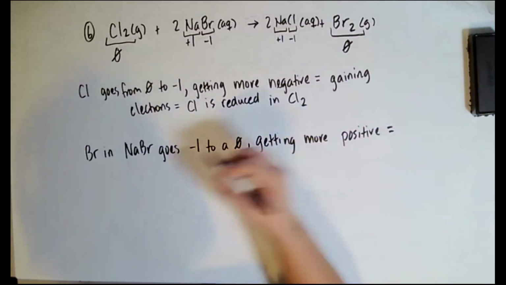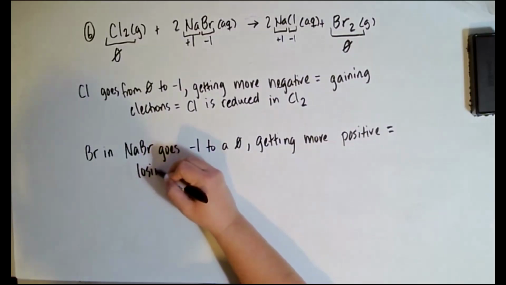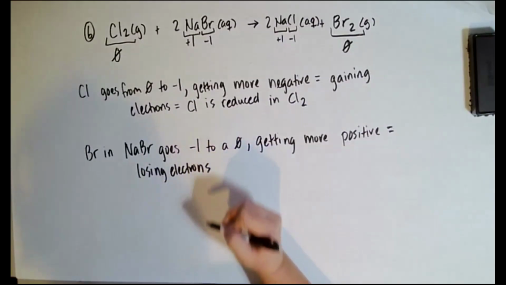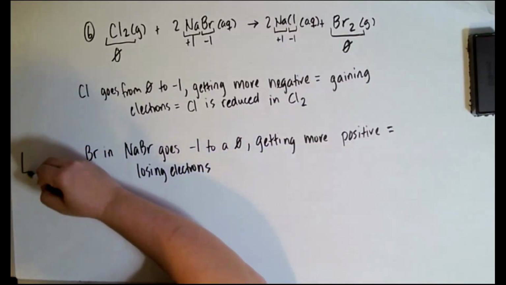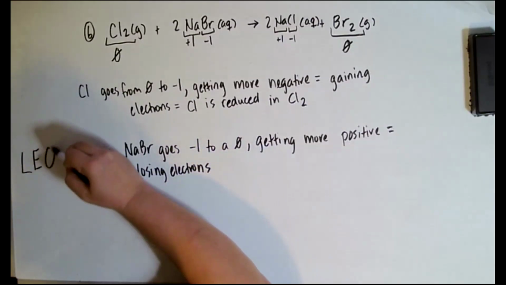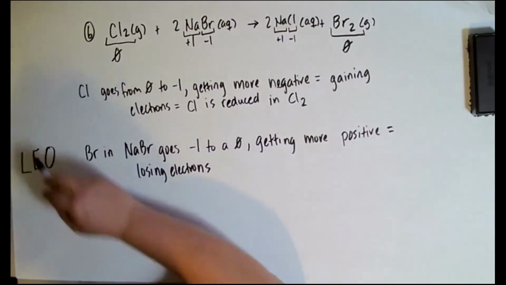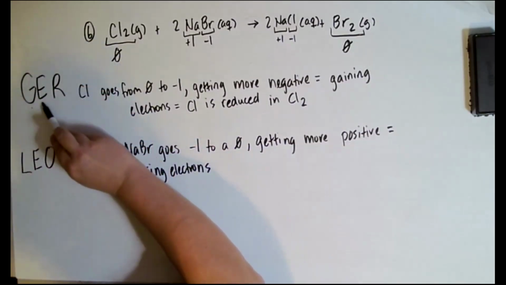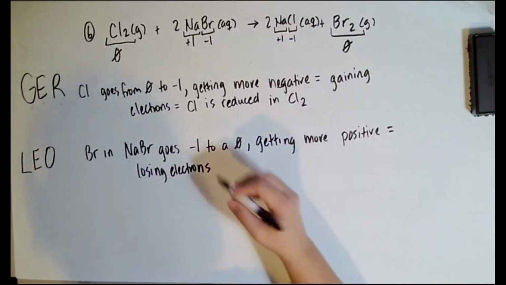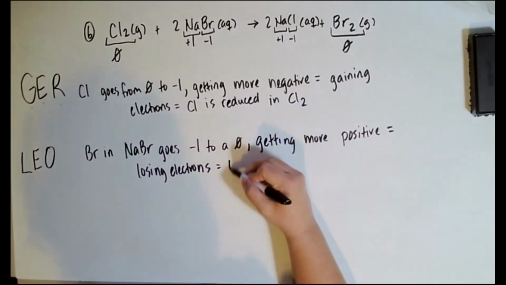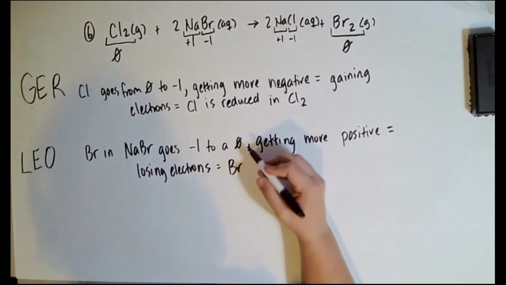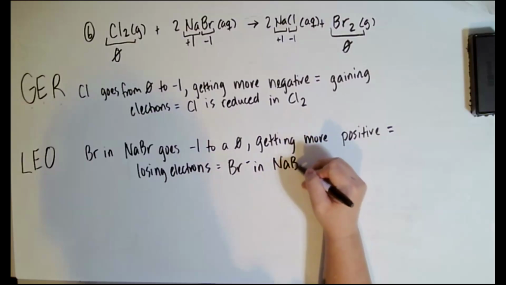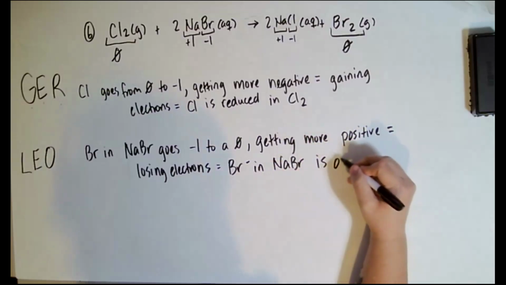If it's getting more positive, that means it's losing electrons. And remember what we said about remembering oxidation and reduction: when it's losing electrons, it's oxidation. When it's gaining electrons, it's reduction. So our Br minus in the NaBr is oxidized.